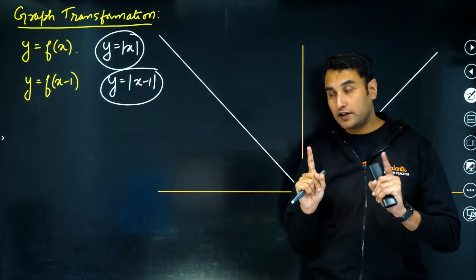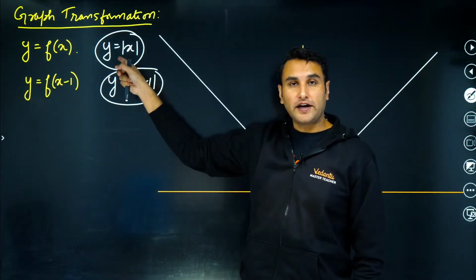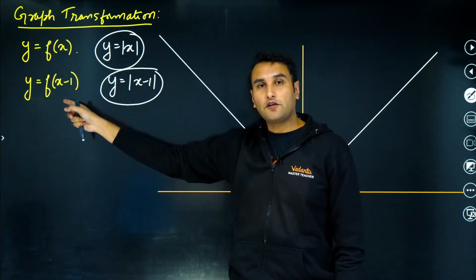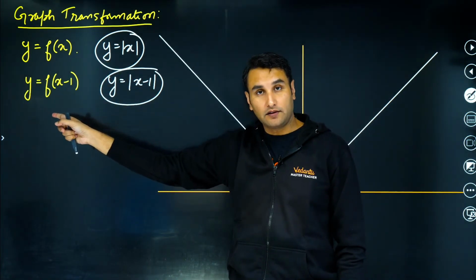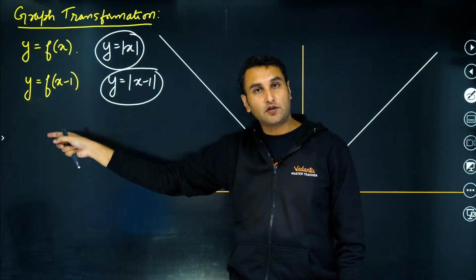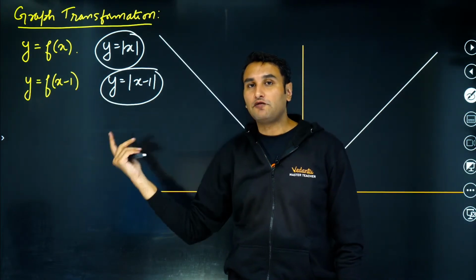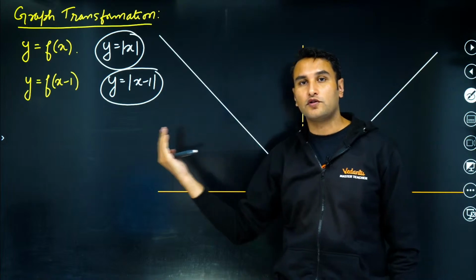Simple thing, remember always, if you know the graph of y equal to f of x, and you plot the graph of f of x minus 1 or x minus 2 or x minus 3 or x minus 5, the graph will shift horizontally towards the right.